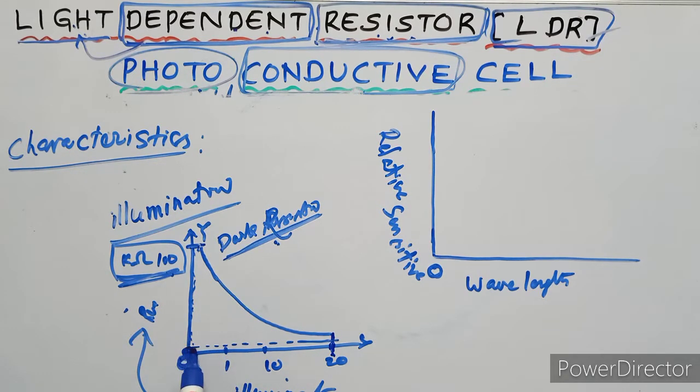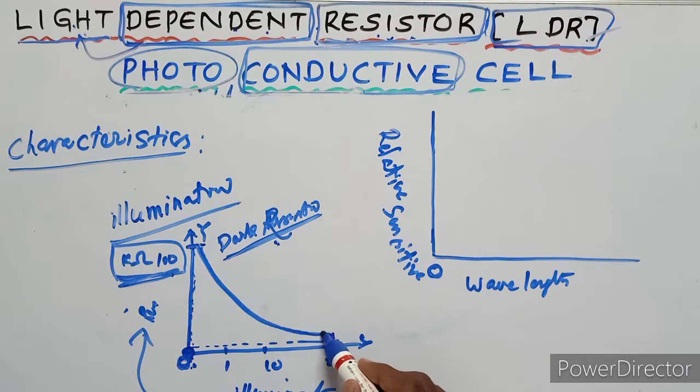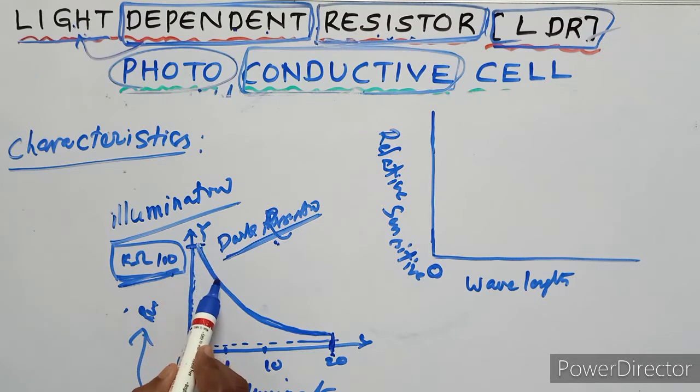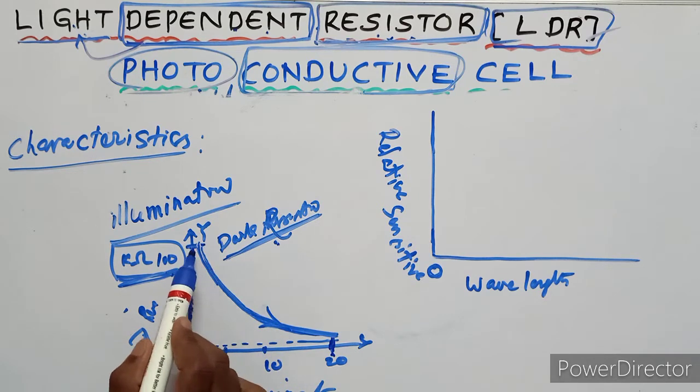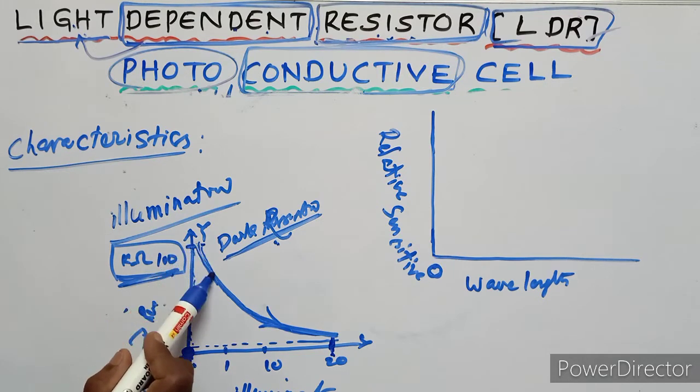So the resistance is 0. Resistance is increasing with light weakness. The resistance is decreasing with high intensity, strong intensity.